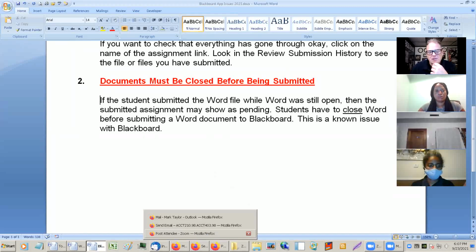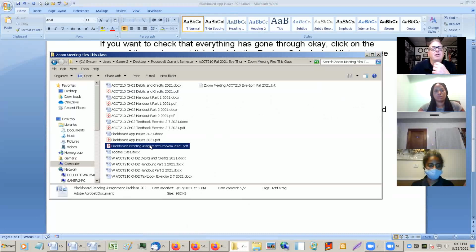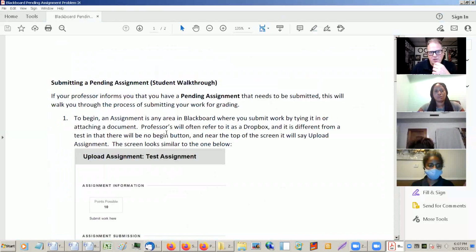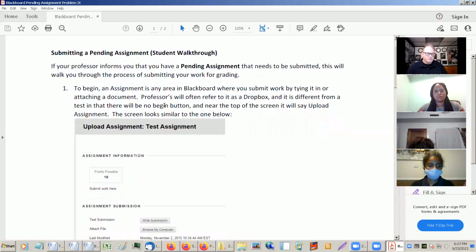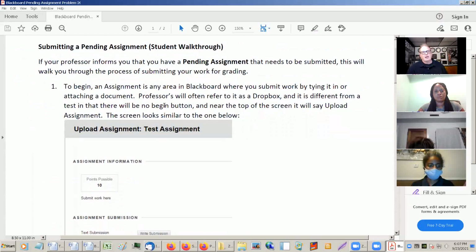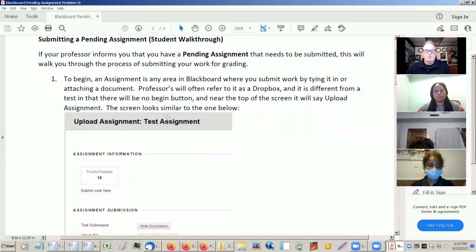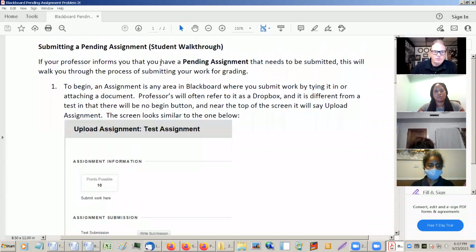Now there is, let me see here. There's a third handout, and this comes right from Blackboard, I believe. And that is what happens when there's a pending assignment. So a pending assignment is one that has not been submitted. However, it's in the process.